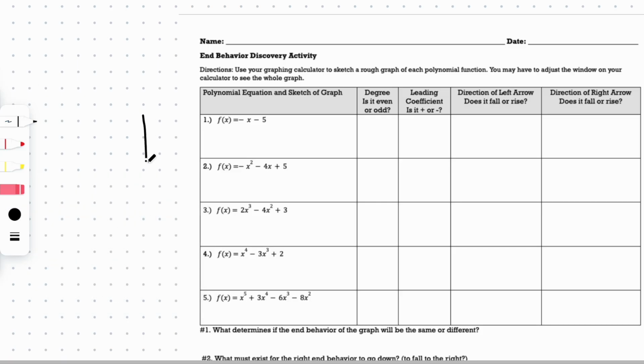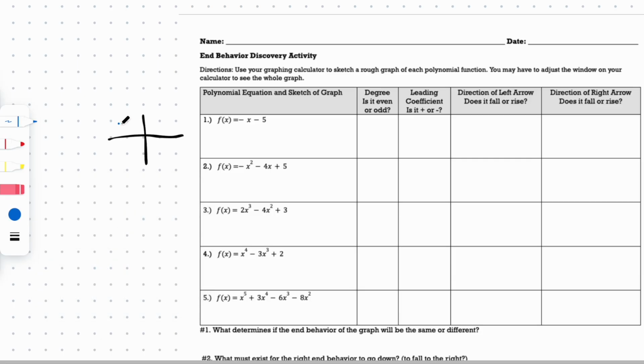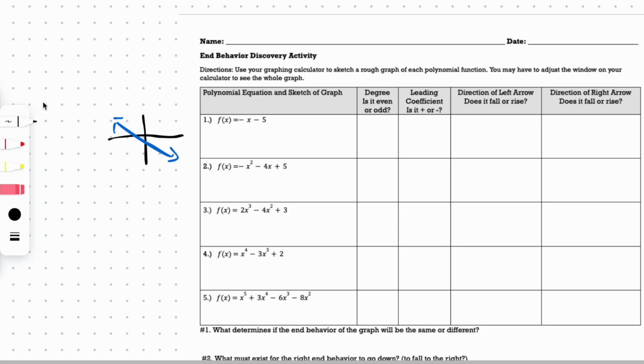We have a negative y-intercept and a negative slope. So it's going to look something like that. Great. It's important we just have an idea at first.